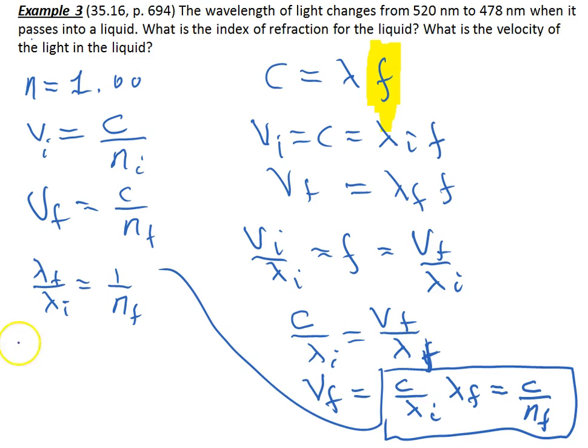Therefore multiply both sides by nf, divide both sides by lambda f, and multiply both sides by lambda I, which we could also say we take the reciprocal of both sides. And so I'm left with the refractive index that I'm asked to compute is actually the ratio of the wavelengths.